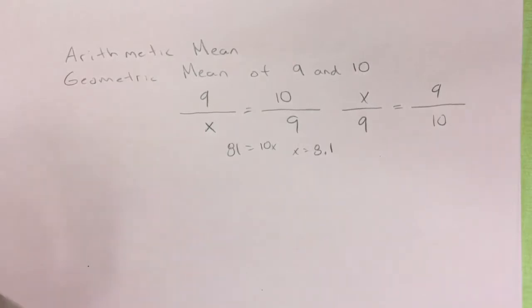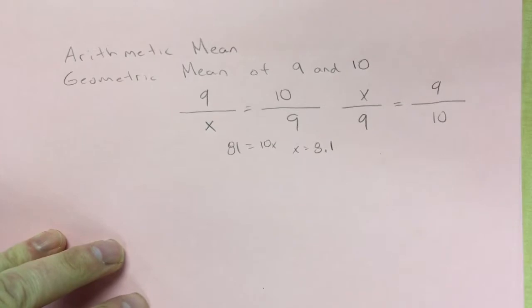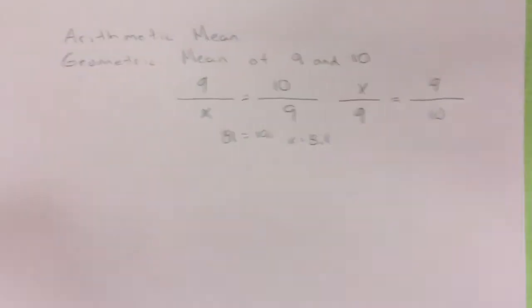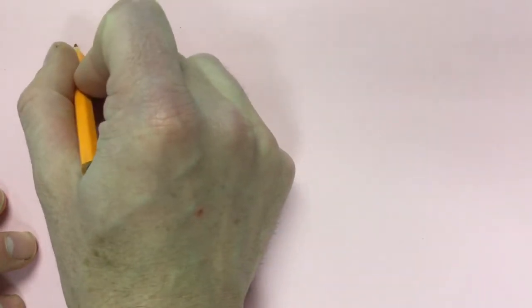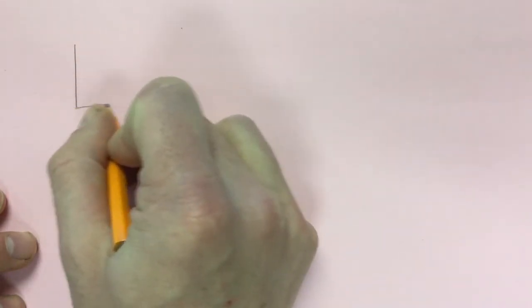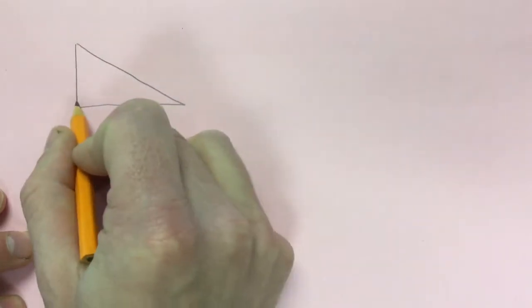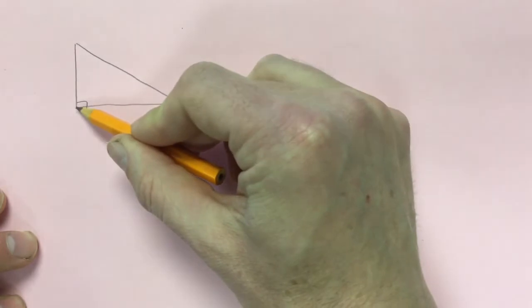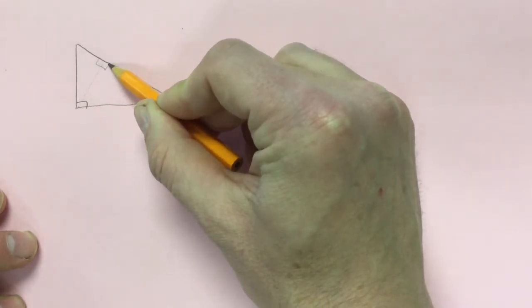Now, at this point, I'm not going to say exactly why we do the geometric mean, except that it's used within our theorems today quite a bit. So, draw the exact same picture for this theorem that we had for the last one. We draw a right triangle, and then we draw an altitude from the right angle to the hypotenuse, where it makes a 90.